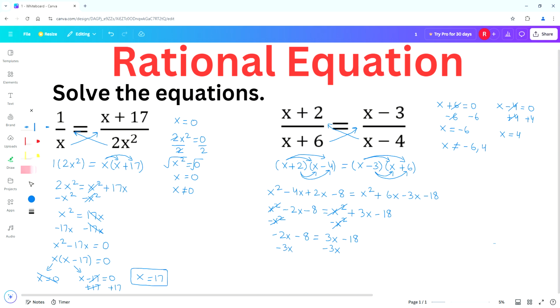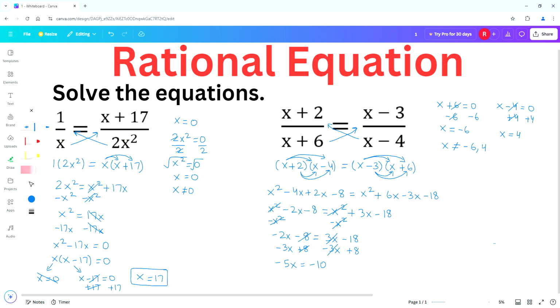We can also combine negative 8 and negative 18 by adding 8 to both sides. Negative 2x minus 3x is equal to negative 5x. Negative 18 plus 8 is equal to negative 10.